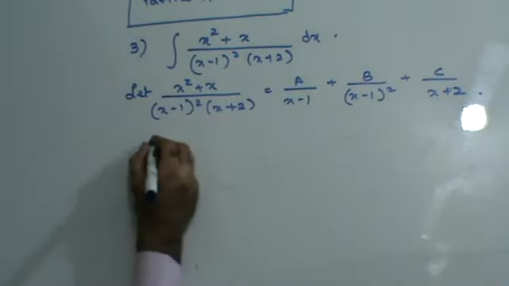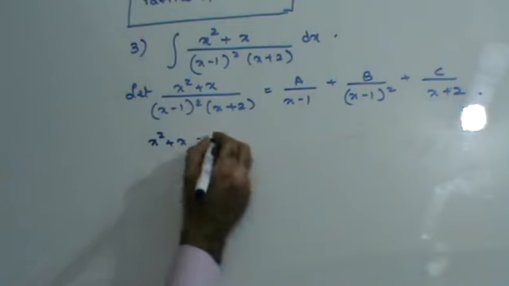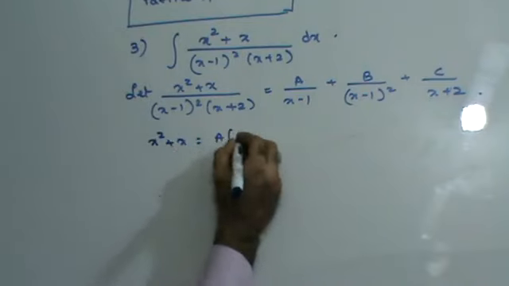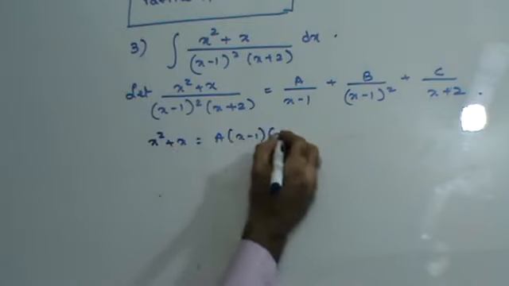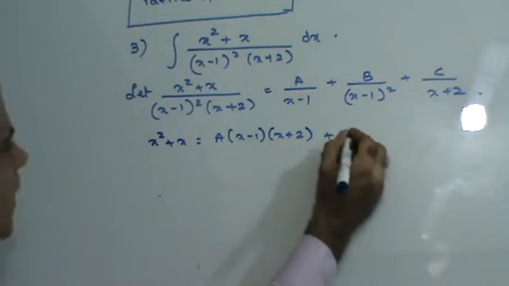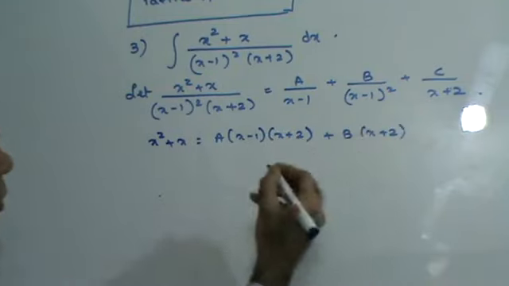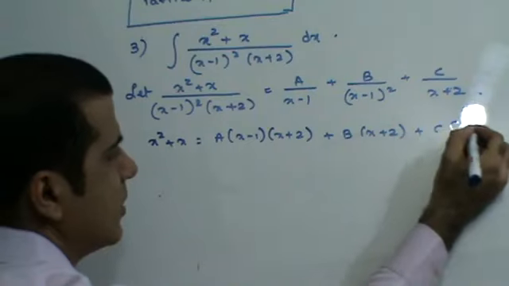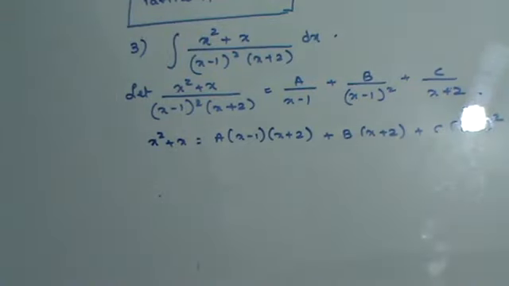Now this can be written as x square plus x equals, taking the LCM, a x minus 1 x plus 2 plus b x plus 2 plus c x minus 1 the whole square.